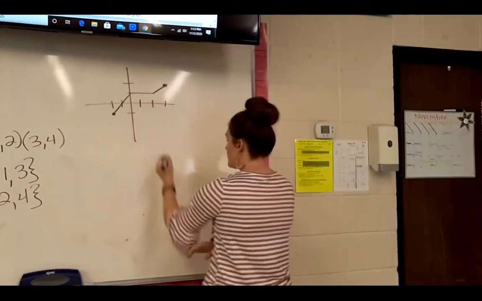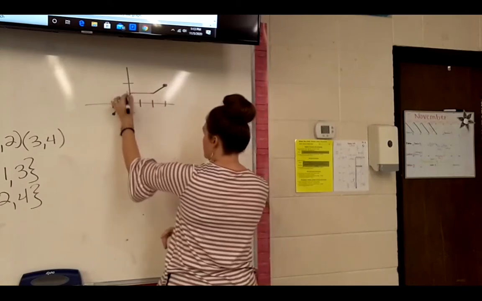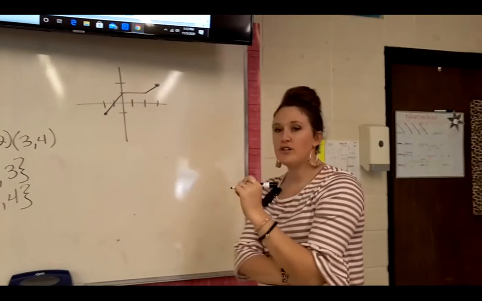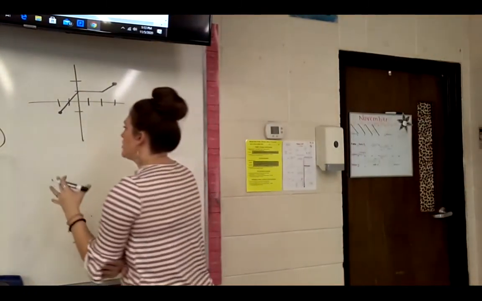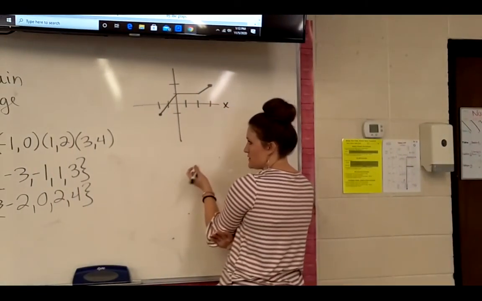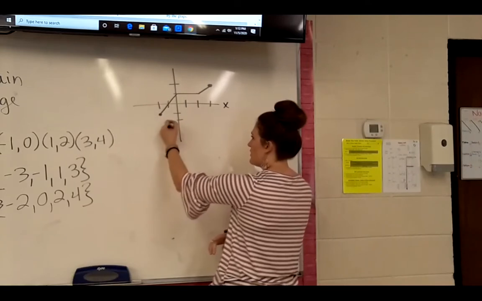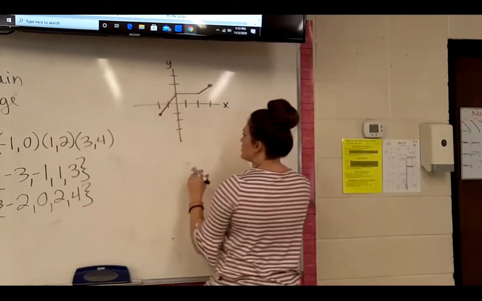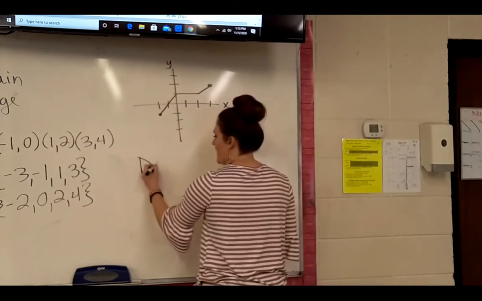Okay, so it is a continuous line. It looks like this. So what we do for this, your domain, so this is your X axis, correct? The horizontal one? Yes. And this one is your Y.